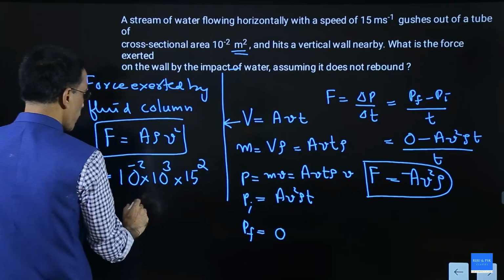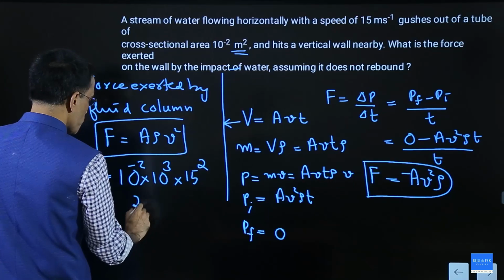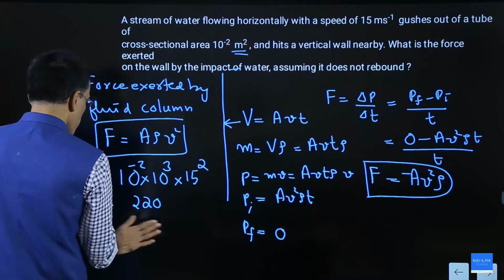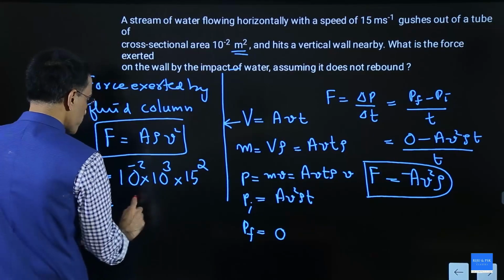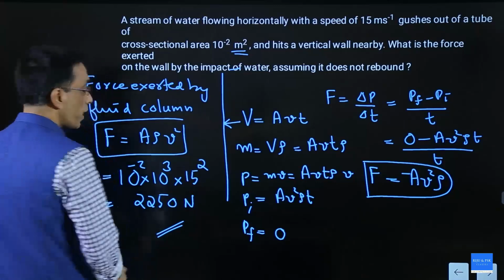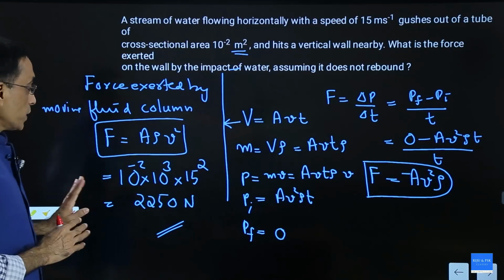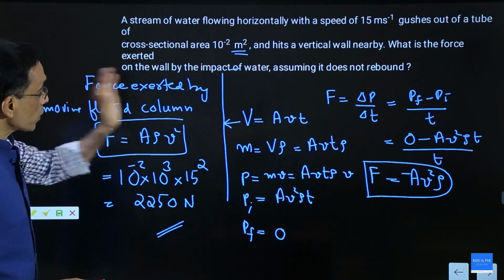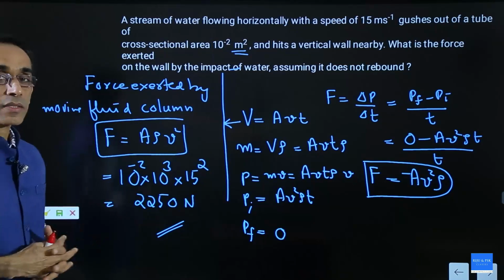So this gives you 10 raised to 1. 15 square is 225. 225 into 10. This much of force will act on that wall. That is it. What is the force exerted on the wall by the impact of water?